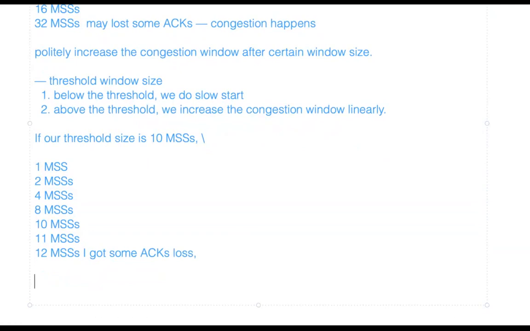Then I set the threshold size to 6 MSS. This means I reduce it to half of the current maximum segment size. Okay, so this is the whole picture of how we deal with the threshold.